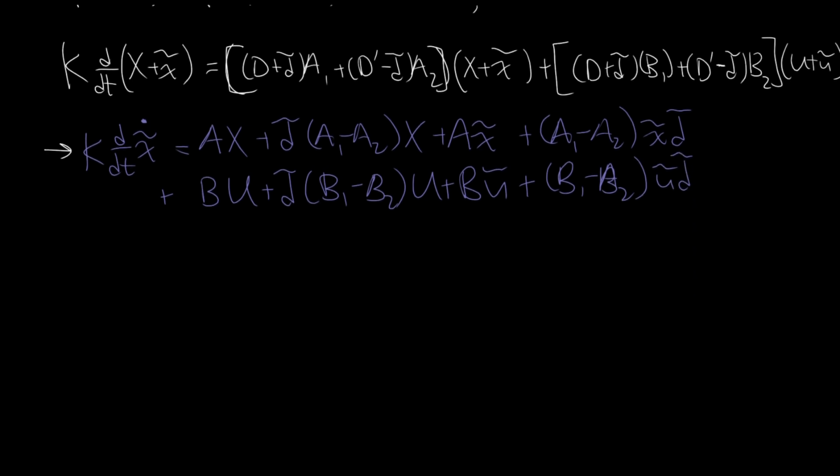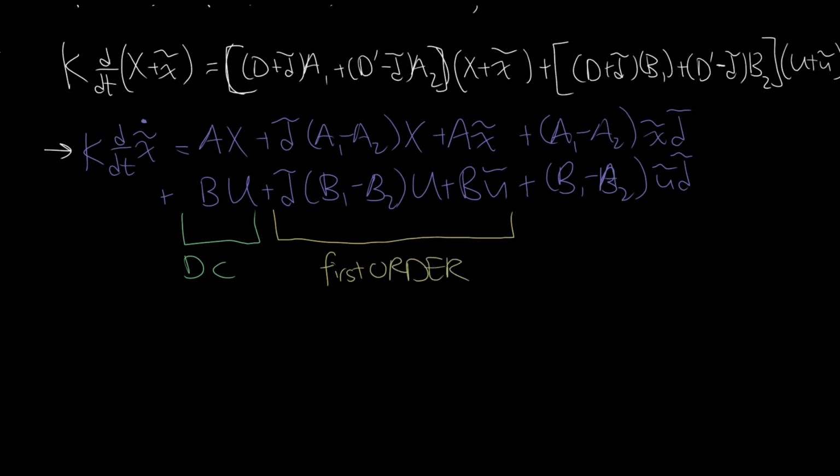So what we can notice here is that we have a DC component. Then we have our first order terms, or our linear terms, right? And then we also have our higher order, second order terms, which are nonlinear. So for our small signal model, we can ignore this, and we can ignore this, right? We're only interested in the terms with a single small signal component.